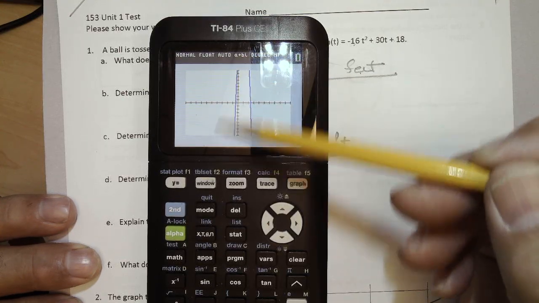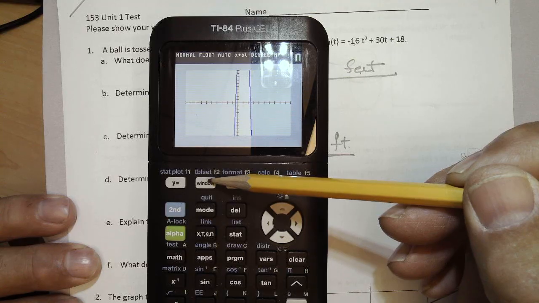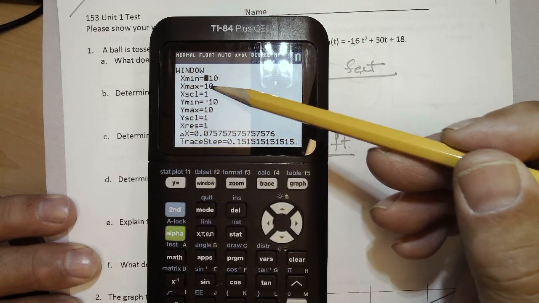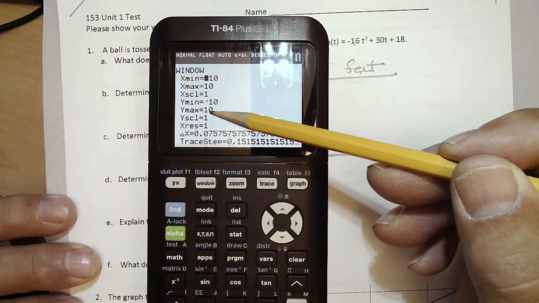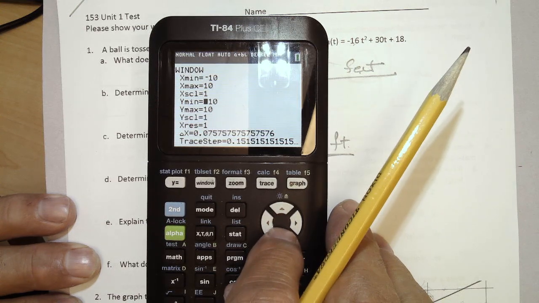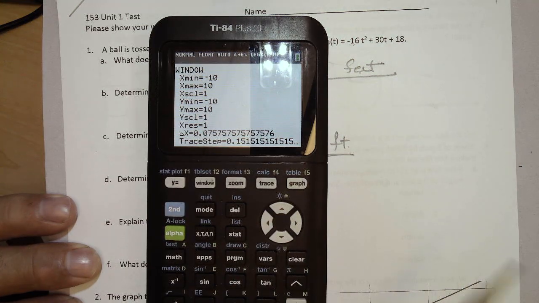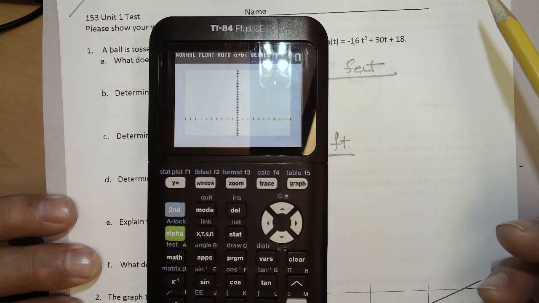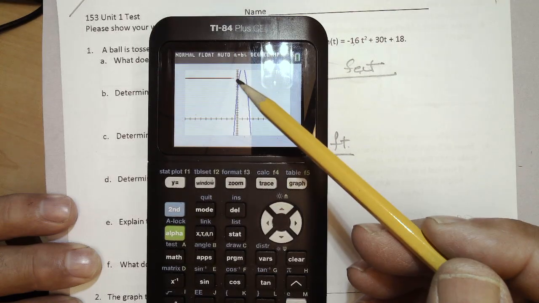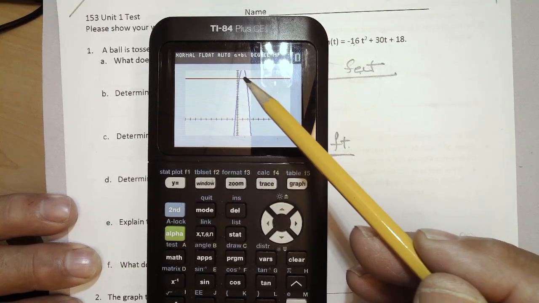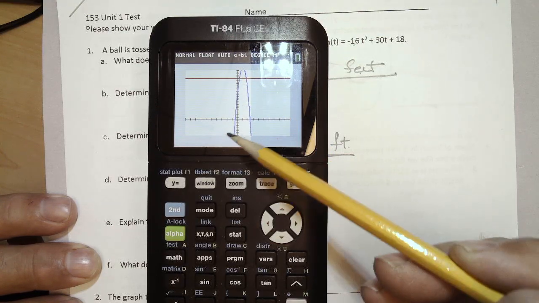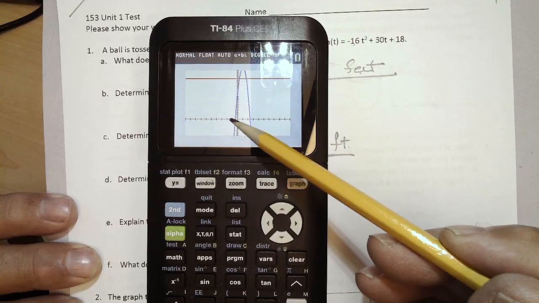So it's off my screen, so I need to look higher. I'm going to push my window button and make my Y height higher, maybe 30 feet, to see if it gets that high. Now I'll graph. Well, it went a little higher than 30, but there's the 25.